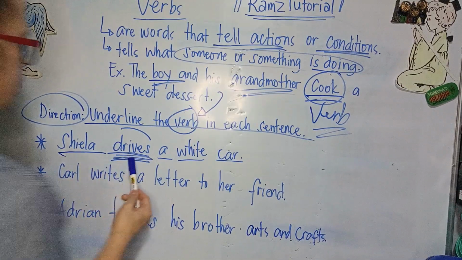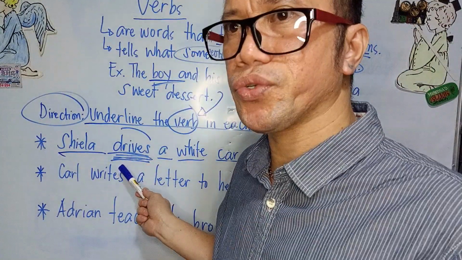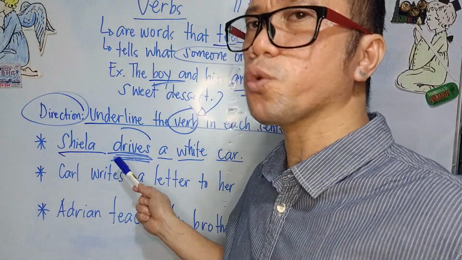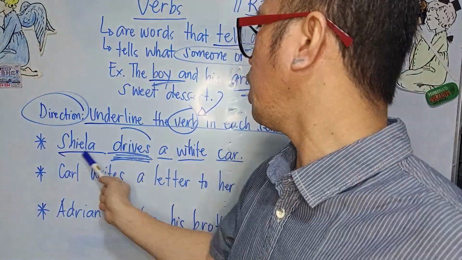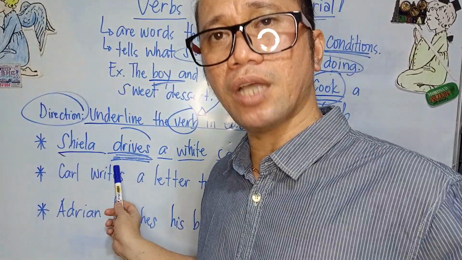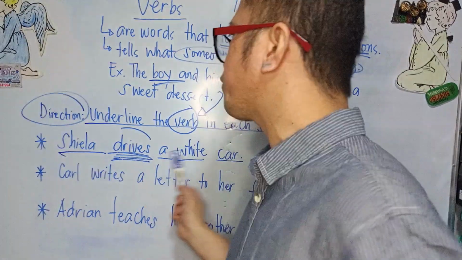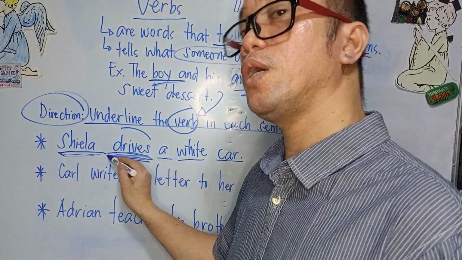The word drives here, my dear viewers, shows an action. So this is the right answer. This word is the verb, right? Ang salitang drives ay nagpapakita po ng kilos o galaw. Who drives a car? Sheila. Drives is a verb.